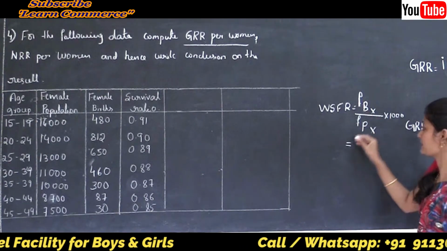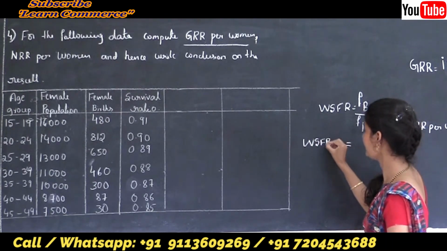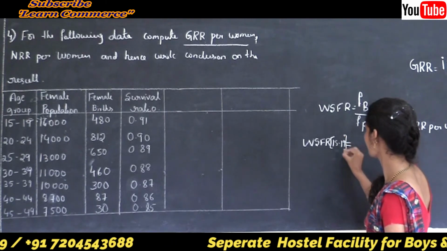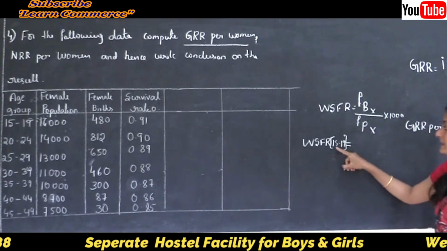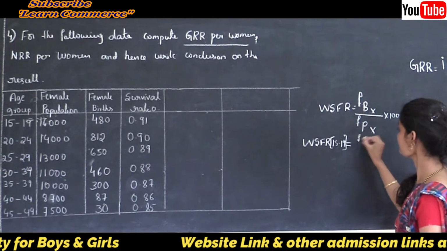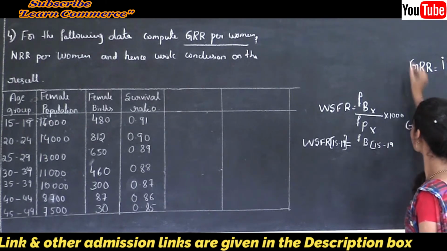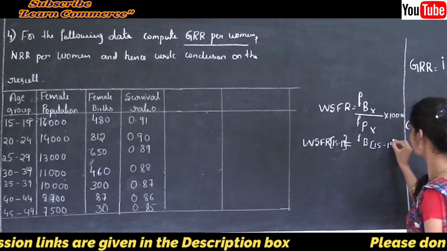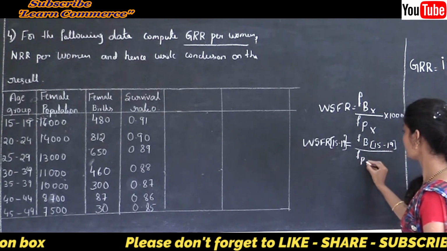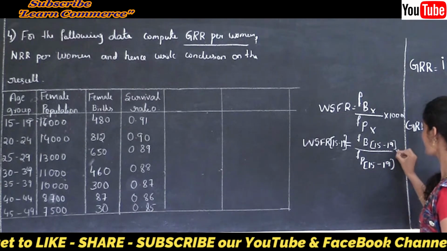Here women specific fertility rate, specified age 15 to 19, is equal to female birth at specified age 15 to 19 divided by female population at the age 15 to 19 into 1000.